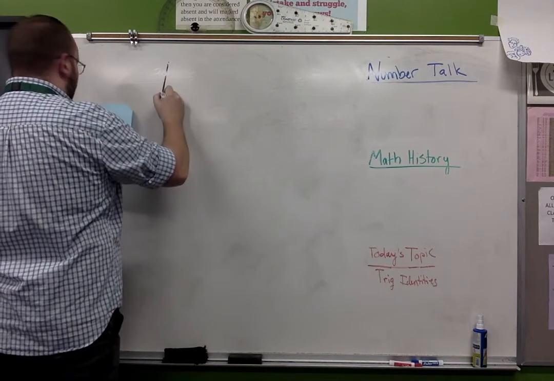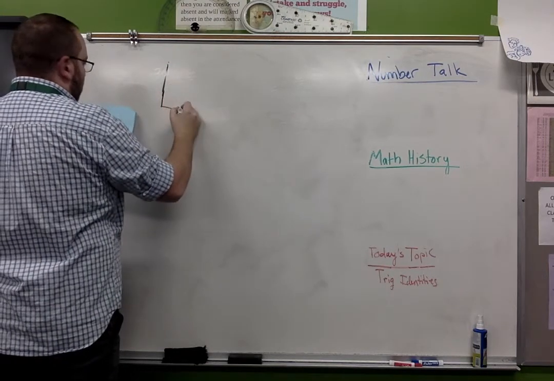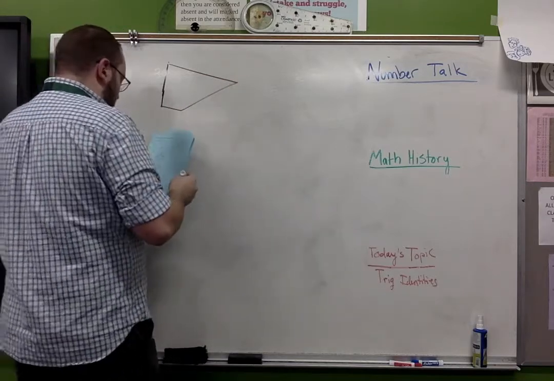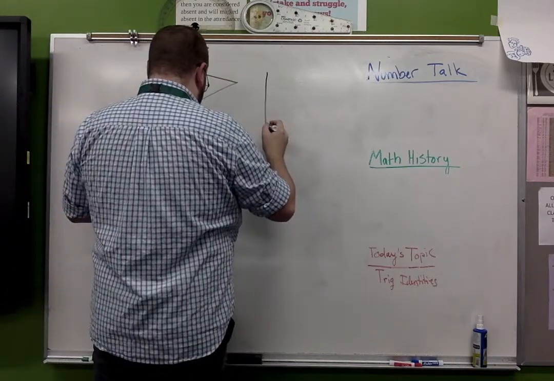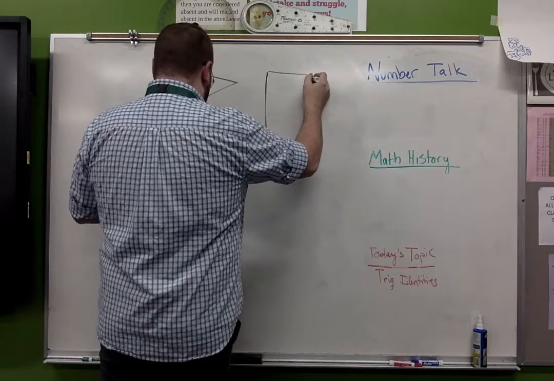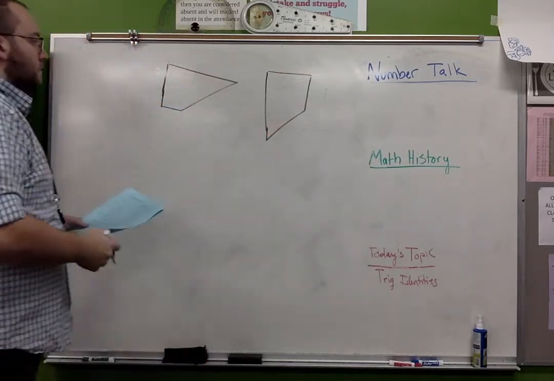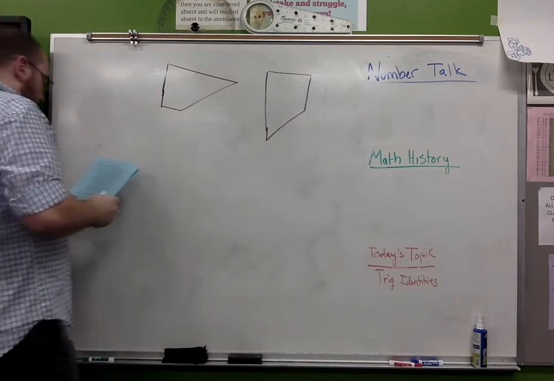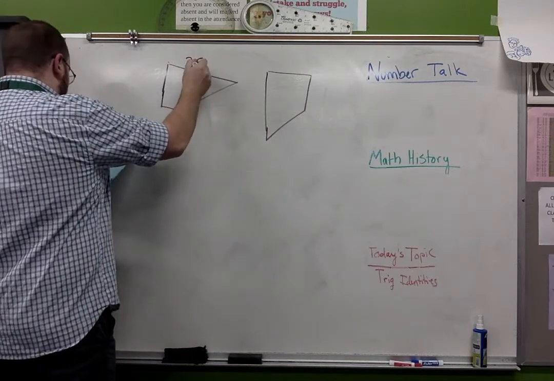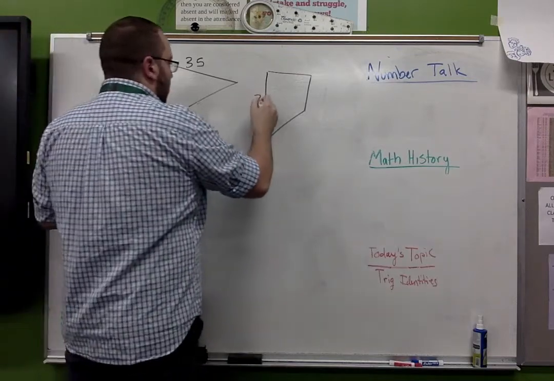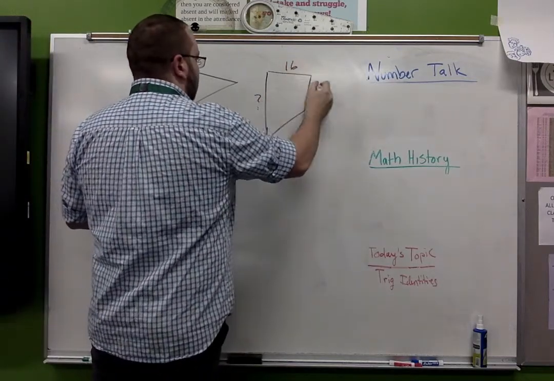We've got here, here, here, here. We have here, here, here, here. And let's see, this is 35, 20, 15, question mark, 16, 12.